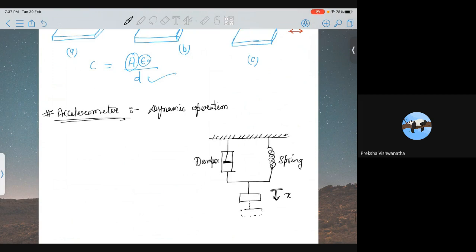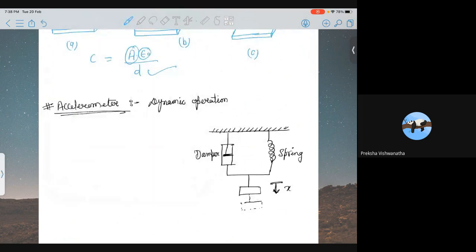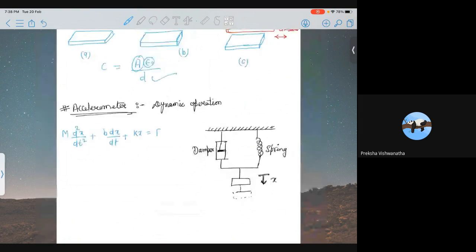Okay, now we know the second order equation for this kind of system is m d square x by dt square plus b dx by dt plus k times x equal to f, or we can write it as ma, because force is nothing but a multiplication of mass and acceleration.